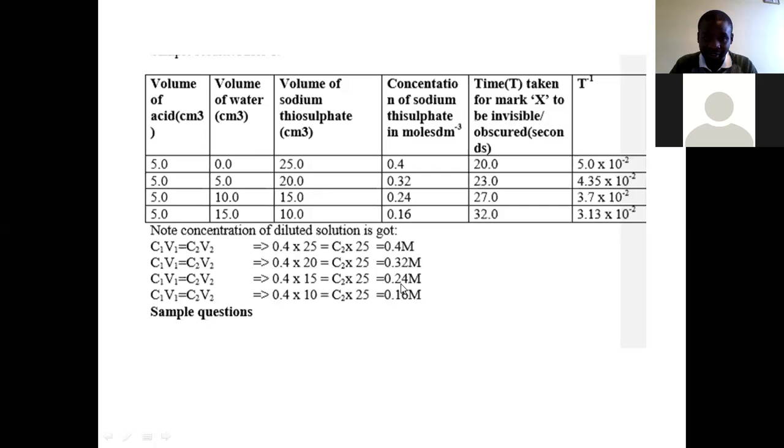So once that is done, you can see that actually the molarity, or the concentration, is decreasing. Take here, even when the initial volume is now 15, the initial concentration is 0.4, then it is diluted to 25. So you can see here, the volume of water added is 10, the volume of sodium thiosulfate is 15. When you add these two, you get 25. So once that happens, you can calculate the changes in concentration as they move about.